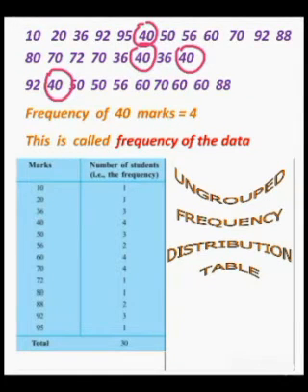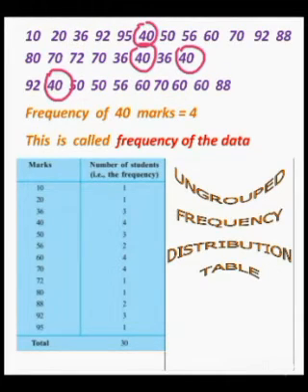These are the marks obtained by 30 students of class 9: 10, 20, 36, 92, 95, 40, 50, 56, 60 and so on, 60, 70, 60, 60, 88.